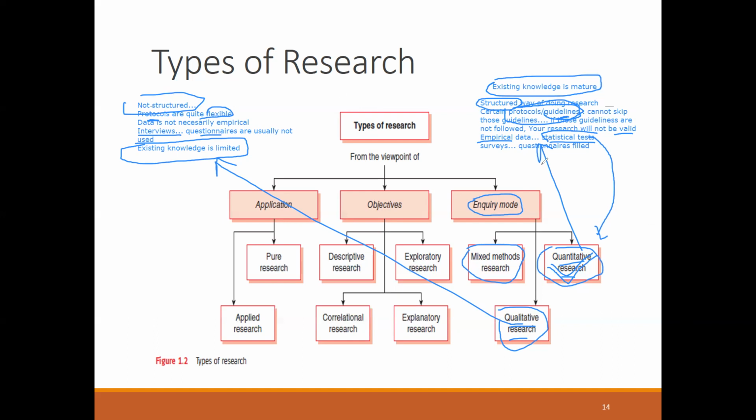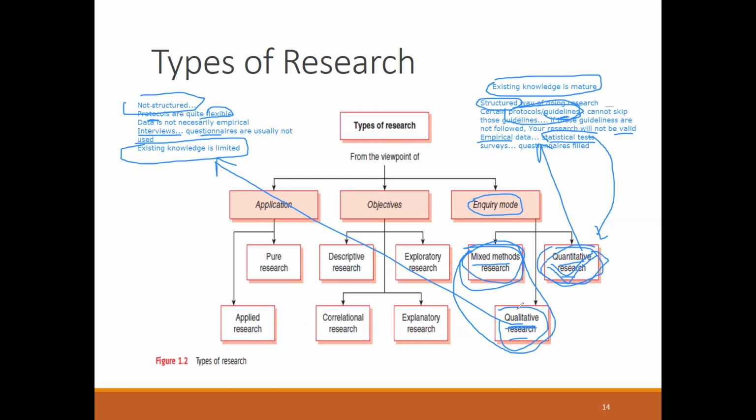And if you are combining these two methods, then it is called mixed method research. So mixed method research and qualitative research, these methods are usually used if you have already done some kind of preliminary research. If you have not done some kind of preliminary research, then I will suggest that you go for quantitative research.